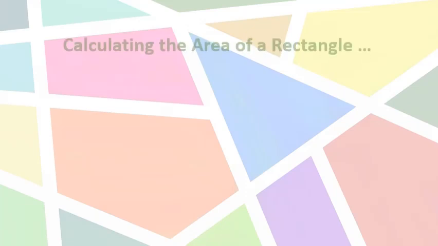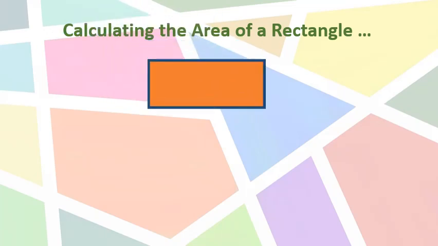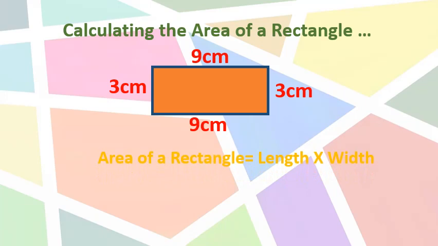Now, how to calculate the area of a rectangle? Let's start some examples. If this is a rectangle, the length 9 centimeters, width 3 centimeters, the first thing to do is we write the formula, which is area of a rectangle equals length times width.